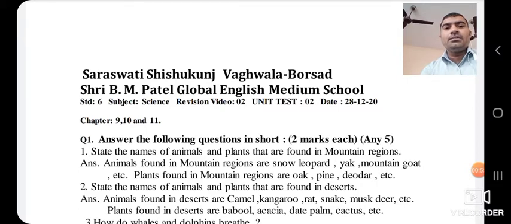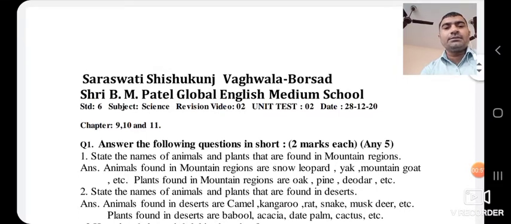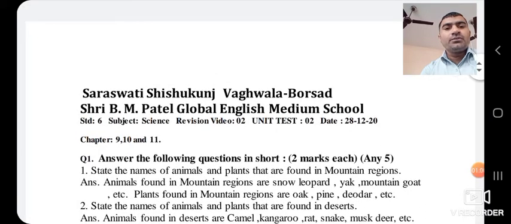State the names of animals and plants that are found in mountain region. So we have to give the names of plants and animals which are found in mountain regions.